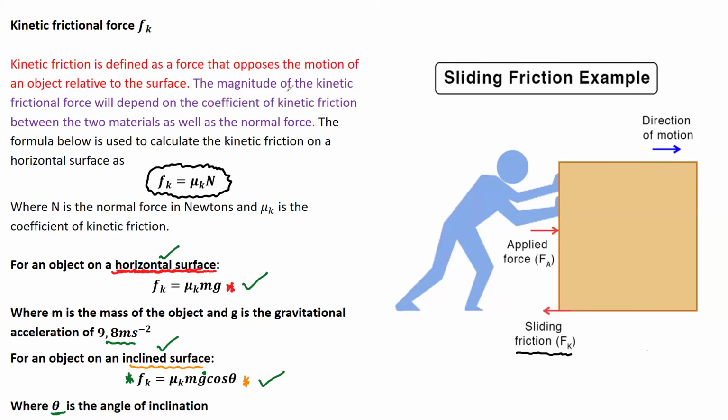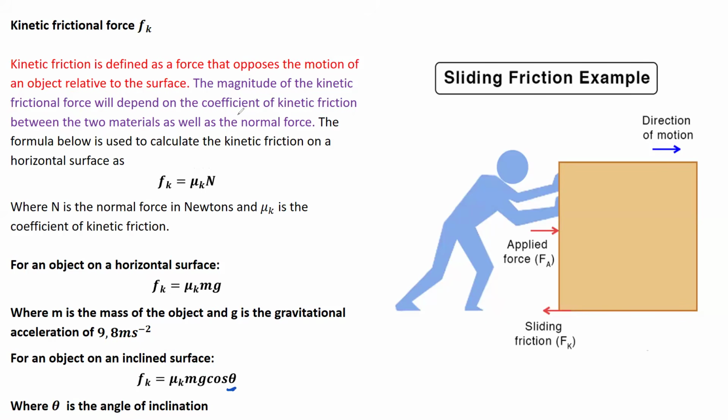As I move on to my next slide, I need you to understand that the magnitude of the kinetic frictional force will depend on two things: the coefficient of kinetic friction as well as the normal force. I need you to get this right. I saw a question as I was preparing these handouts that asked whether theta will affect the force of kinetic friction.